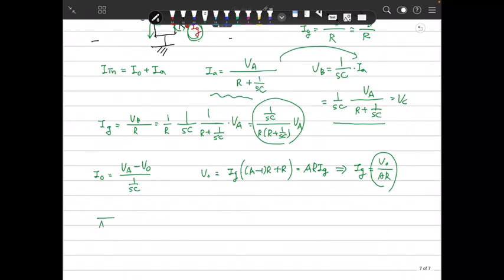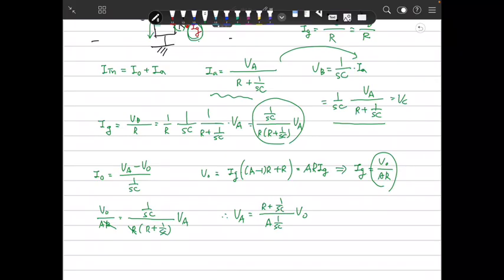So A times V out will be 1 over SC times (R plus 1 over SC) times VA. Therefore, VA is (R plus 1 over SC) times A times 1 over SC times V out. So we get this result.